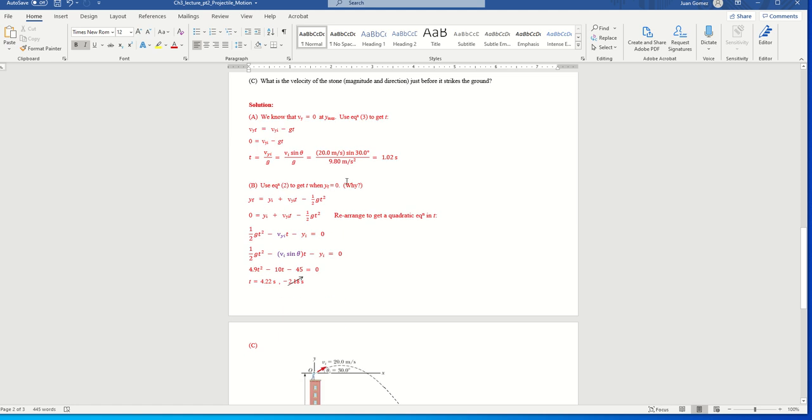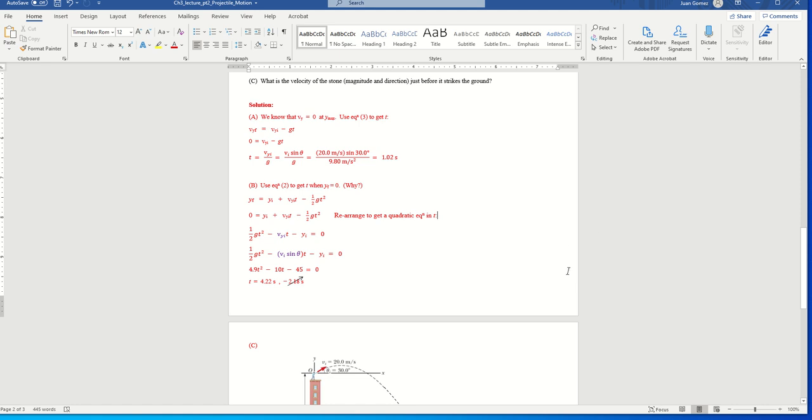So that's Yf equals Yi plus Vyt minus 1/2 GT squared. What's Y final? 0. Y initial. Now this is a common technique. You want to rearrange this so you have a quadratic equation in T. Nothing complicated. I like to make the coefficient of T squared positive. That's just a quirk of mine.